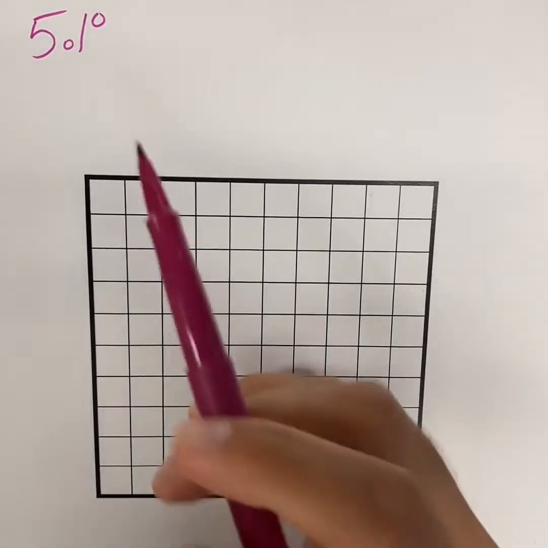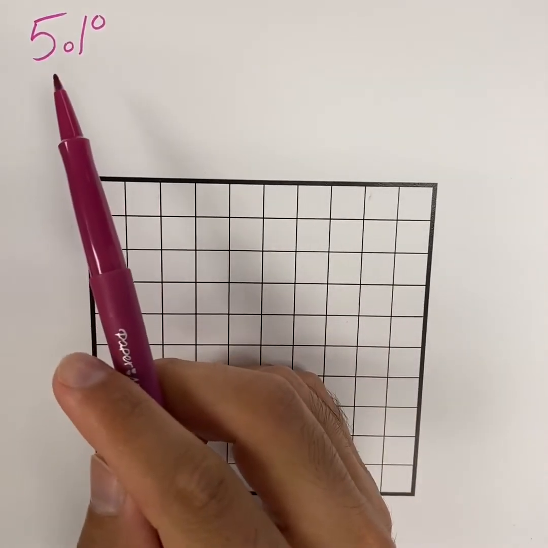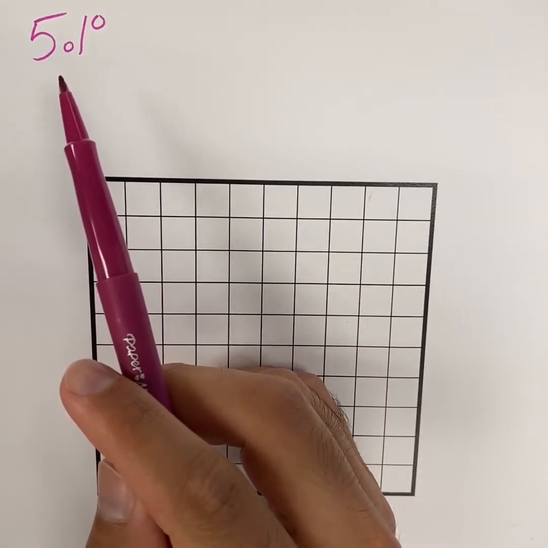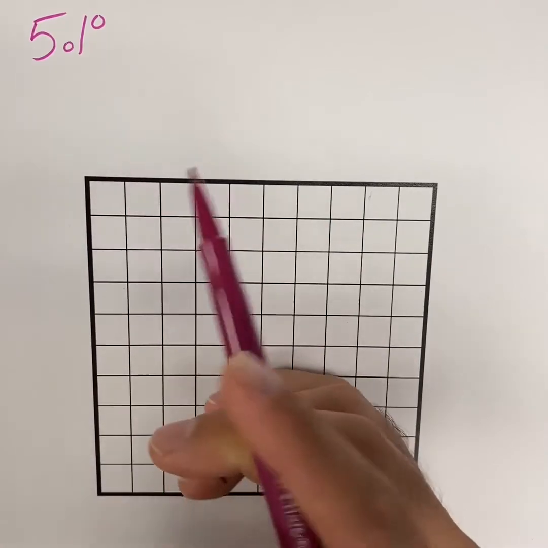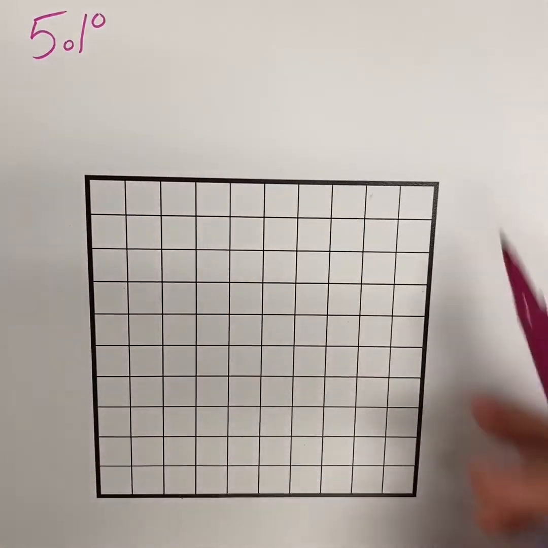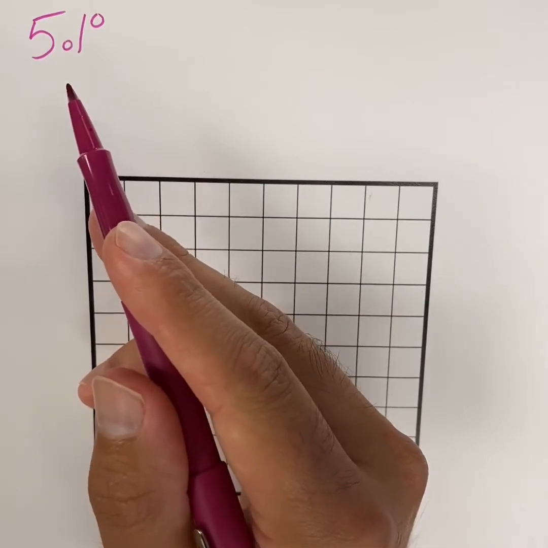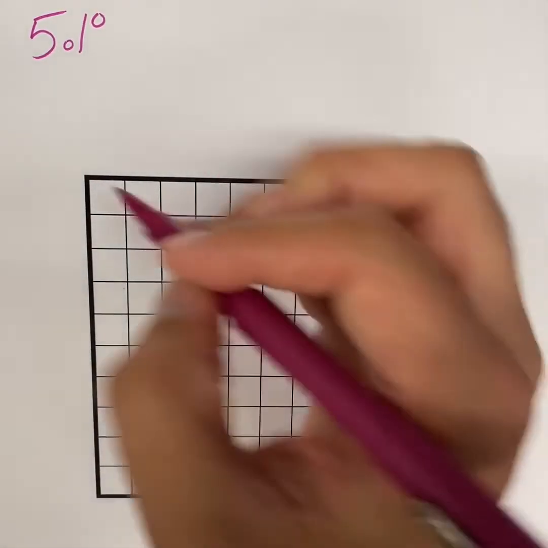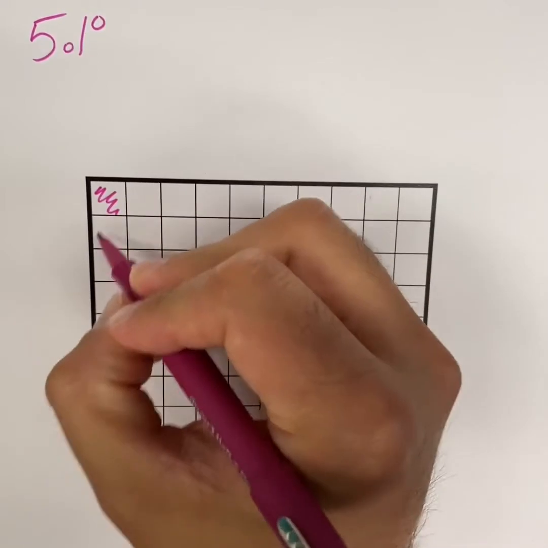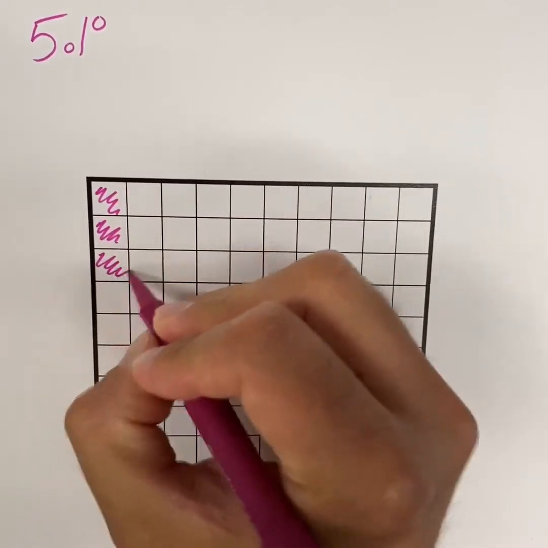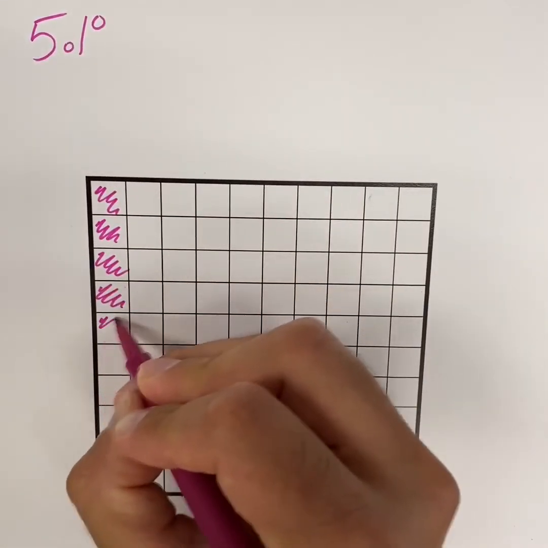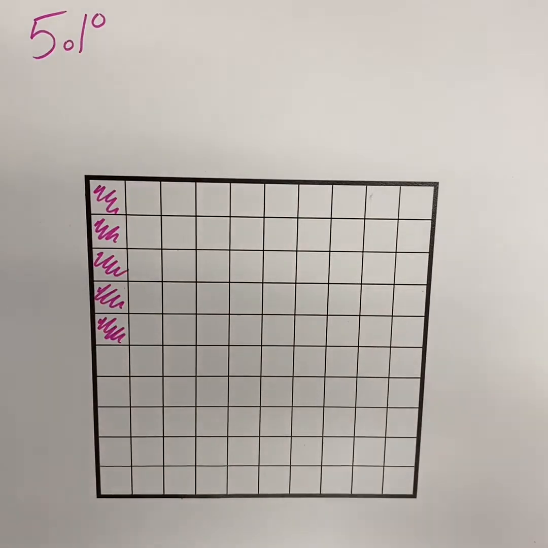Now in our next example, we're going to examine 5%. Remember, in our first example, we did 1%. So we shaded 1 out of 100 squares. This time we have 5%, so we're going to shade 5 out of 100 squares. Let's go ahead and shade those. 1, 2, 3, 4, 5. So this shows 5% visually.